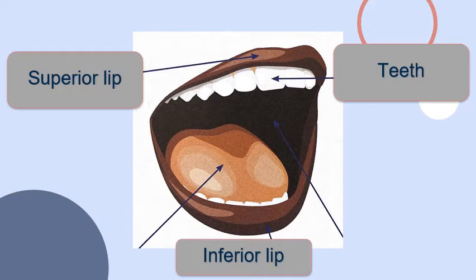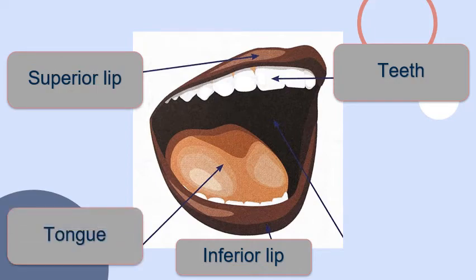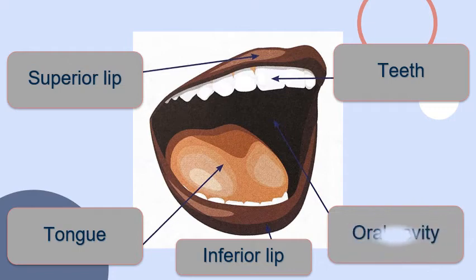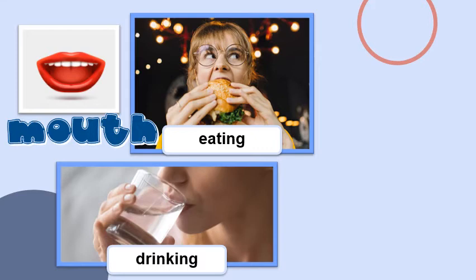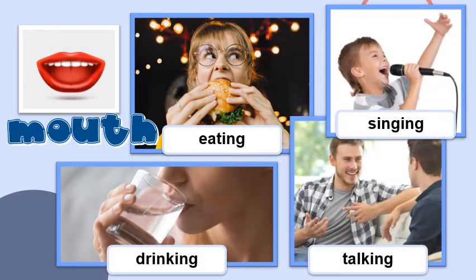Next we have our tongue. And lastly, we have the oral cavity. The mouth is used for eating, drinking, talking or speaking, and singing.